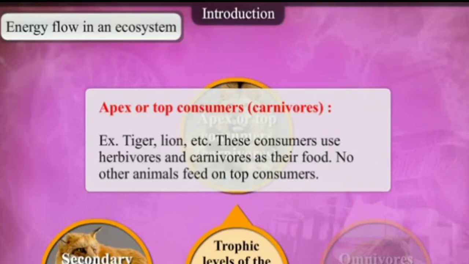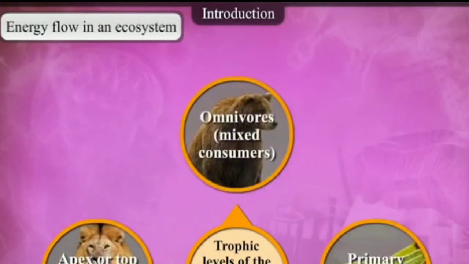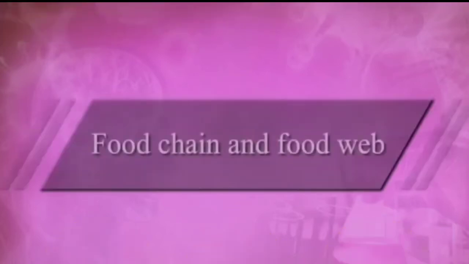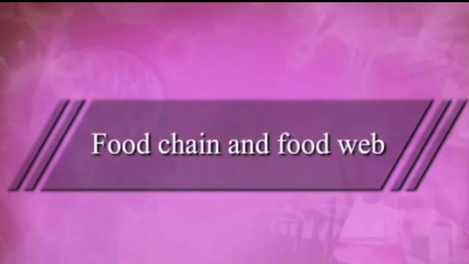Next is omnivores, that is mixed consumers. Examples are humans, bear, etc. These consumers feed on herbivores and carnivores. Understood, children?